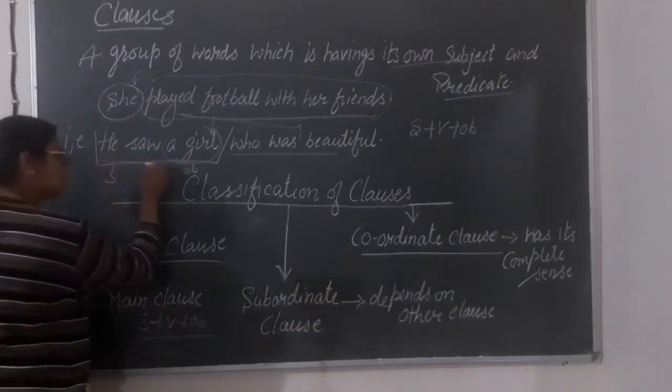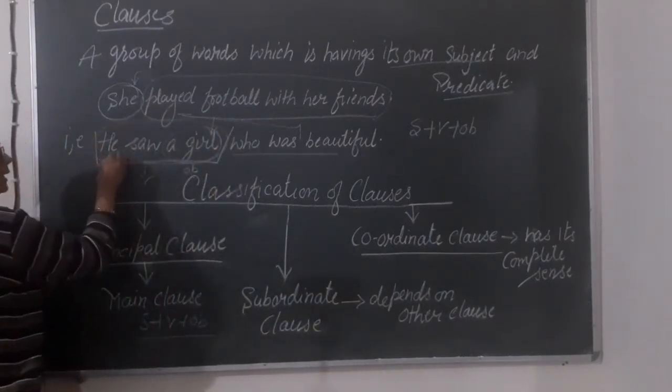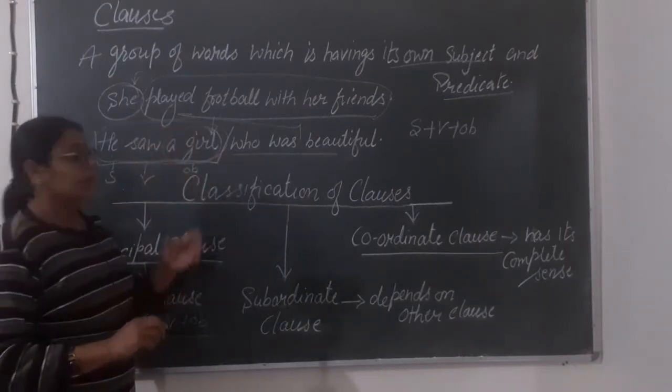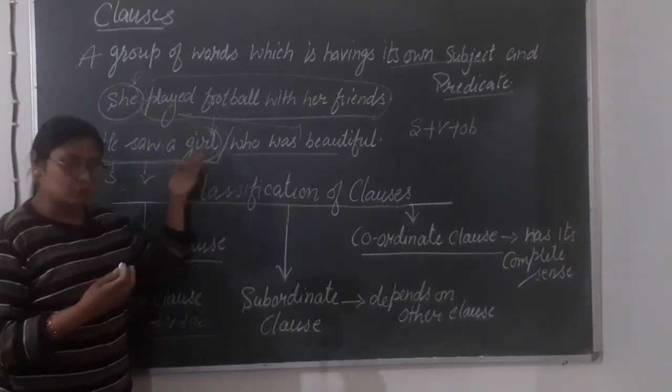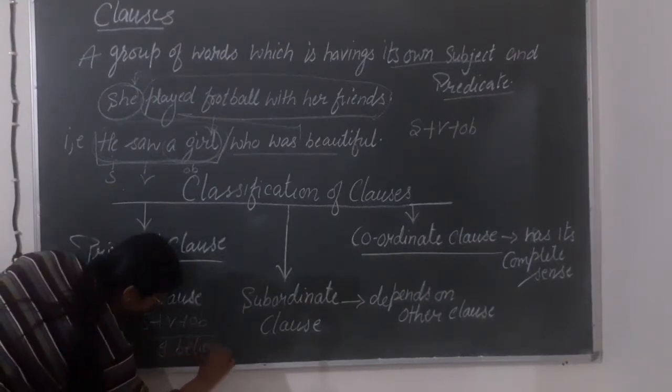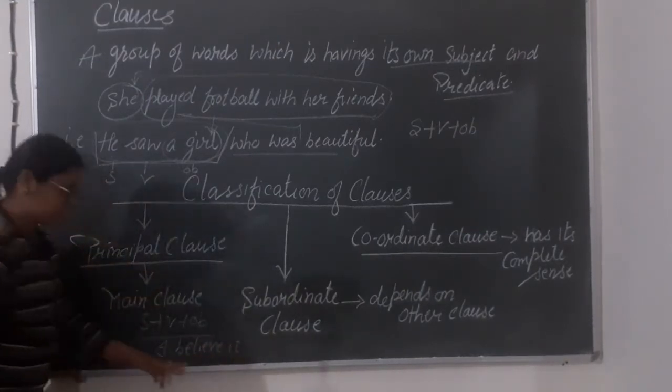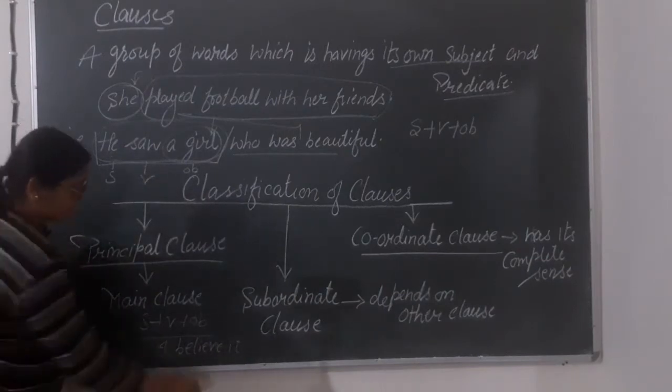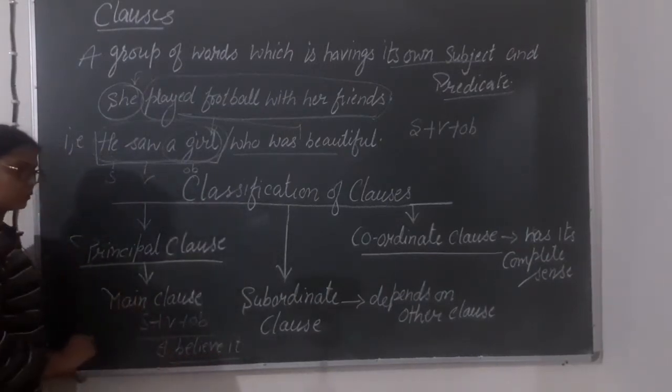For example, let us take only this sentence: he saw a girl. It is our main clause. It is also complete in itself, so it will be our main clause.